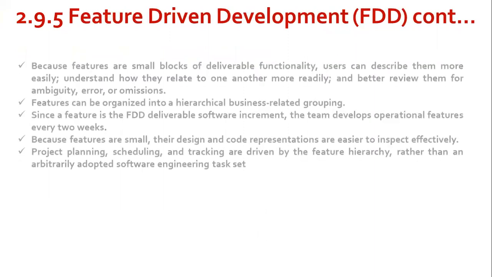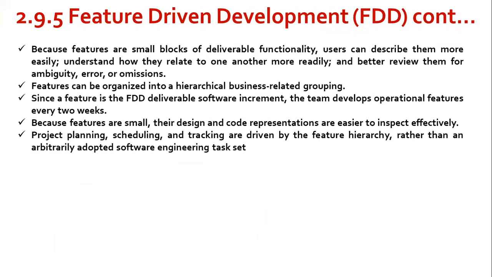Here, in the context of FDD, a feature is a client-valued function that can be implemented in two weeks or less. The emphasis on the definition of features provides the following benefits.